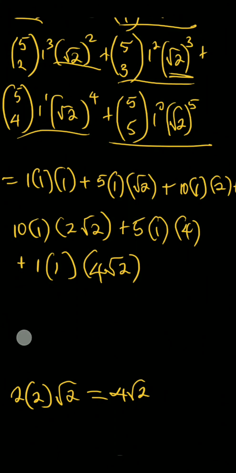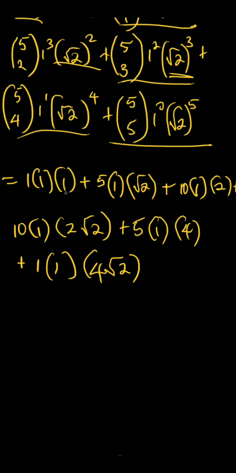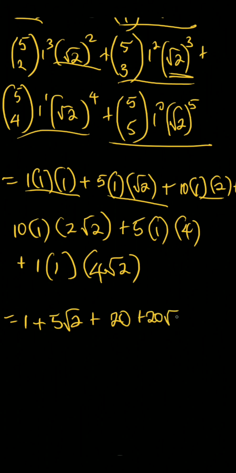Like that. Okay, now let's simplify this again. Now the first part of this expansion is 1 times 1 times 1, just a 1, plus this is 5 times 1 times root of 2, which is giving us 5 square root of 2. Then the next one is 10 times 1 times 2, which is giving us a 20. Then you add with the next part, which is 10 times 1 times 2.